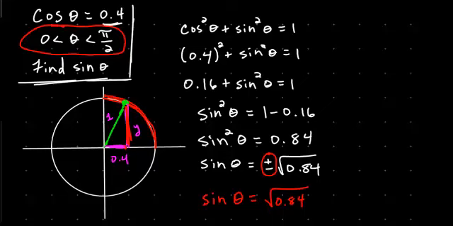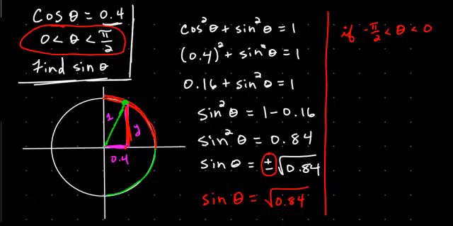Note that if theta, let's say it's between 0 and negative pi over 2, so it is bigger than negative pi over 2 but less than 0, so between negative pi over 2 and 0, that would be here.